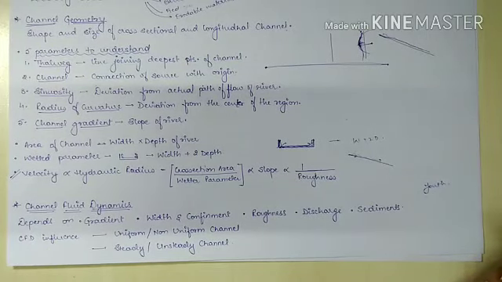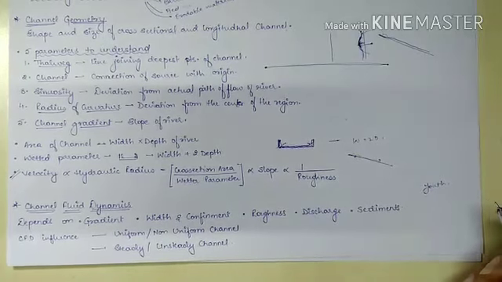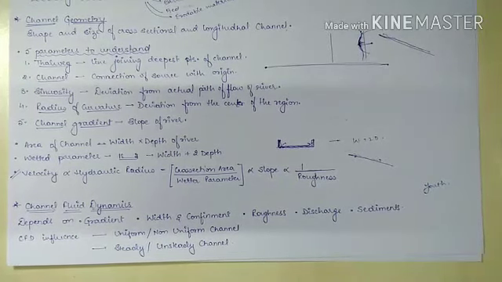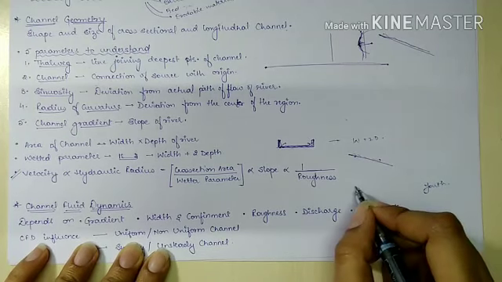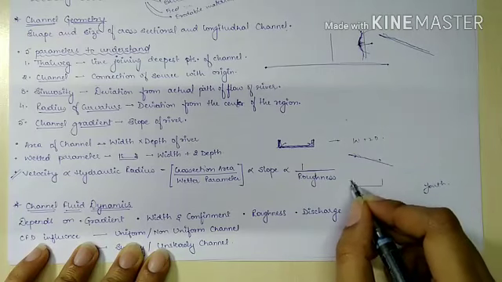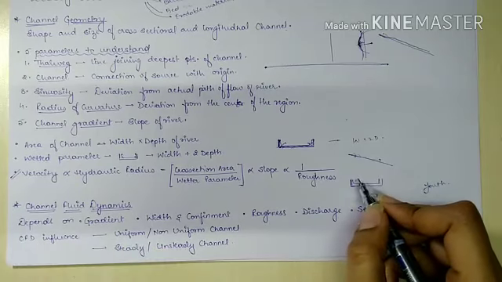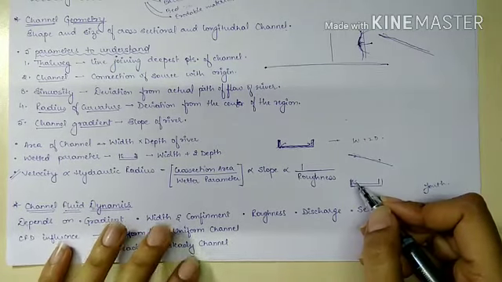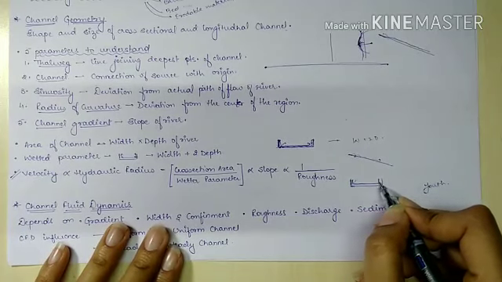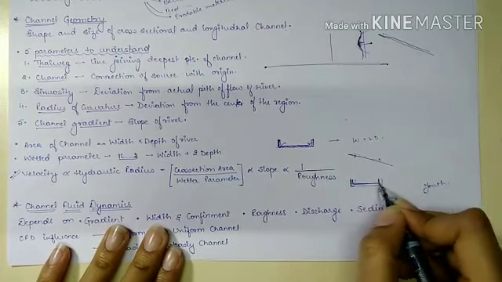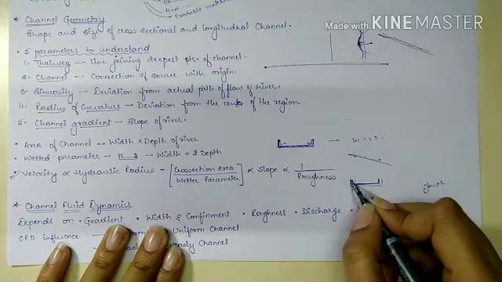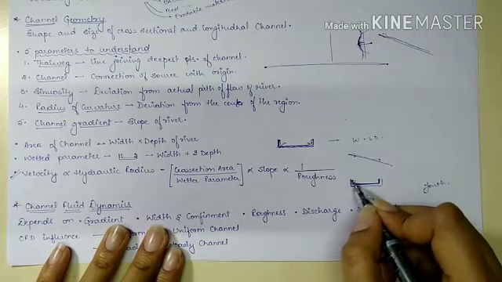Okay. Next is width and confinement. So width and confinement also are directly related to the speed, as the more the width, the lesser the speed. Because what will happen is, see, if we have less width, then the ratio of water that is touching the edges of this bed or the wetted area of this river will be less.